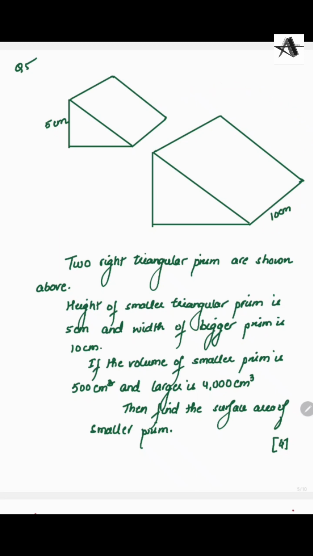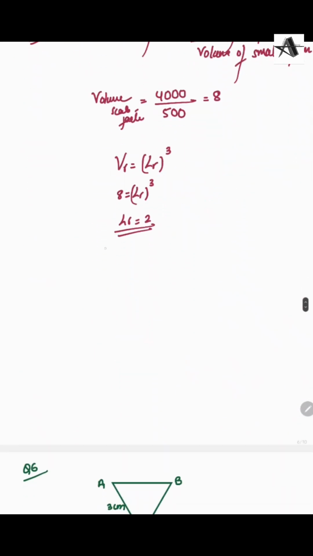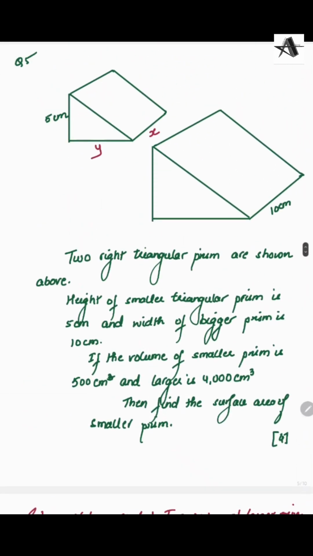Simple. Or I can say let this be x and this be y, then length scale factor is length of bigger, which is 10, over length of smaller, x. This is equal to 2. From here x is equal to 5 centimeters. So I get to know that this is 5 centimeters.